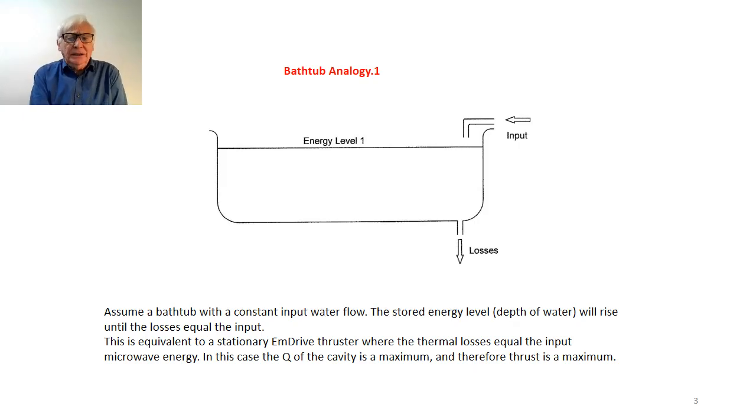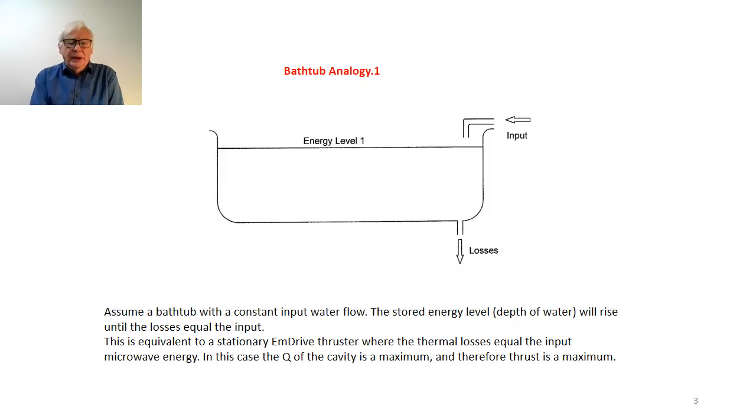Now, if we assume that the cavity is not moving, it's fixed in one place, we can simply think of the bathtub having a constant input flow of water, and the level of water in the bathtub, which represents the level of stored energy, will simply go up until it reaches a level, energy level 1, where the height of the water level causes the losses through the drain in the bathtub. These losses will equal the input flow of water.